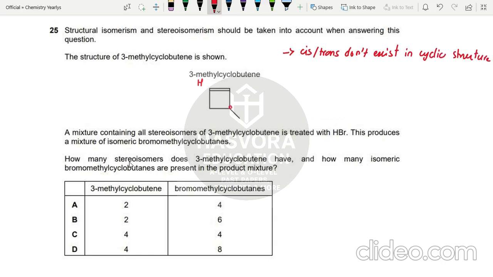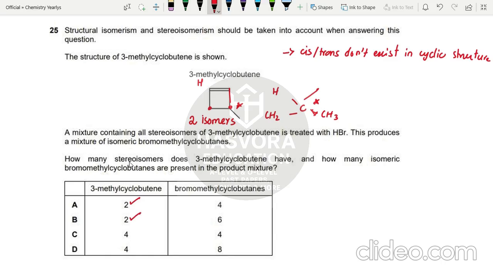Now this carbon is bonded to CH3 like this, and to this upper cyclic structure, and then we have the CH2, and it is also bonded to a hydrogen. So you can see that it is actually a chiral carbon, so it will have an optical isomer. From this we have two isomers. We will just circle this one first.